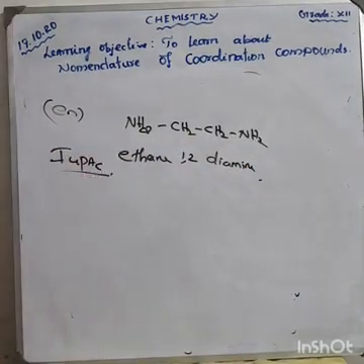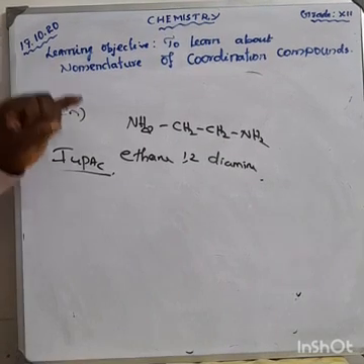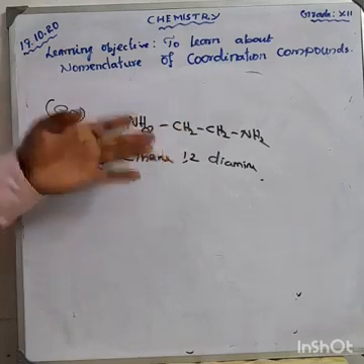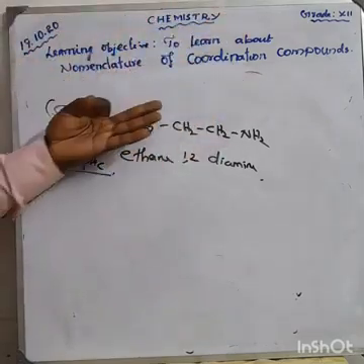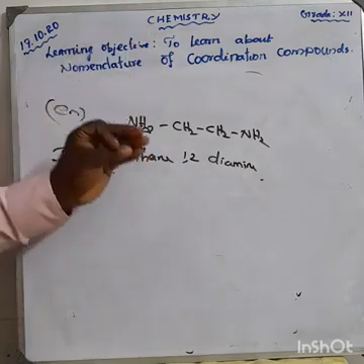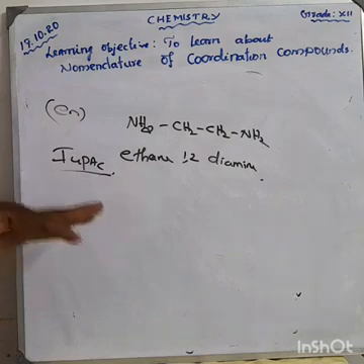I will tell you later, okay? Anyhow, for ethylene diamine we use an alternative prefix. Alternative prefixes mean bis, tris, tetrakis, etc., which we use to specify the multiple of such ligands.